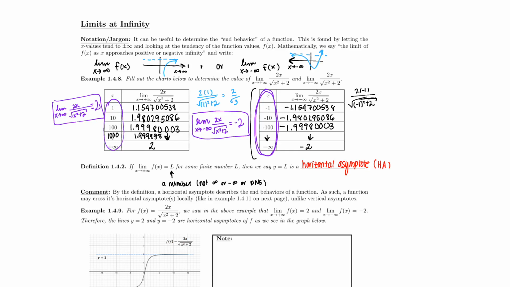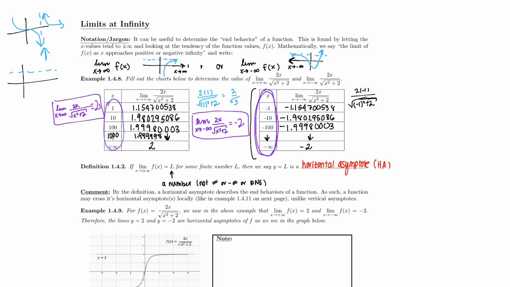So one thing people say is you can't cross a vertical asymptote, which is true a lot of the time, right? A lot of times you can't cross a vertical asymptote. You just have to make a very specific function. So if I have a function like this and like this, it's not crossing that vertical asymptote, but it's very, very common to cross horizontal asymptotes.